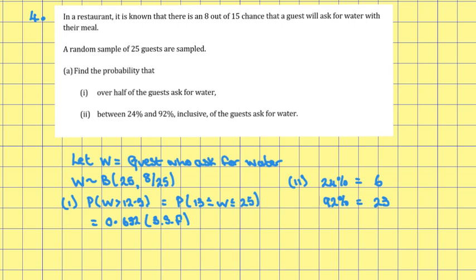And now we want the probability of between 6 and 23, which when you work it out on your calculator gives you a probability of 0.999 to 3 significant figures.